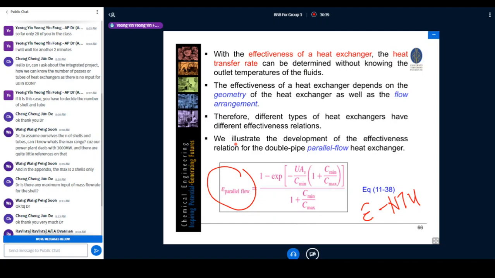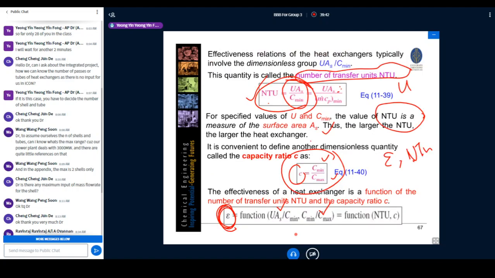Why? Because in order to get the effectiveness, you need to know the NTU and the capacity ratio. You can go to the previous slide. This one is NTU. This one is the capacity ratio, the small letter c.